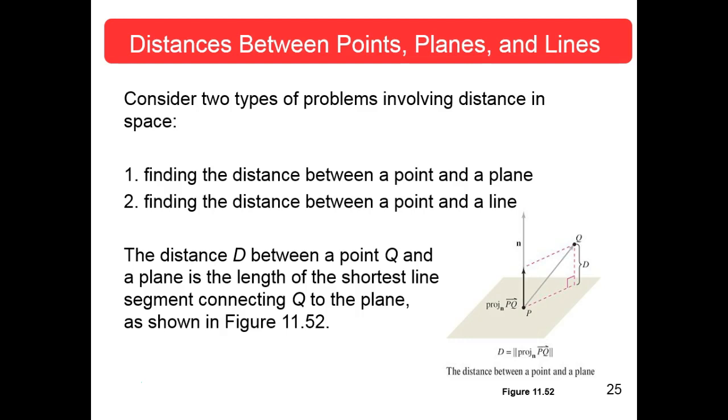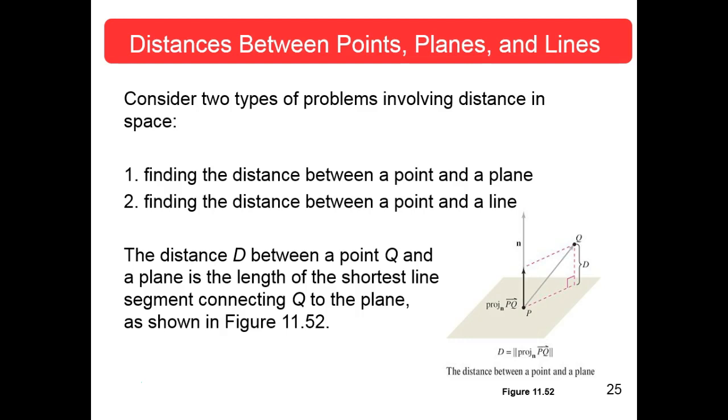The shortest distance is the perpendicular distance. So you've got to have the normal vector, and you want the projection of PQ onto the normal vector.